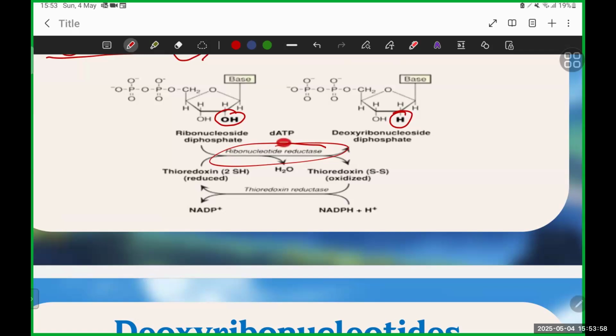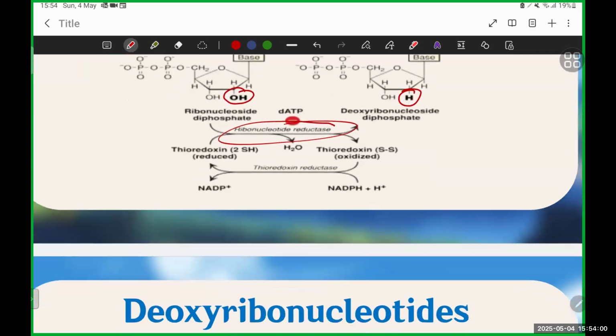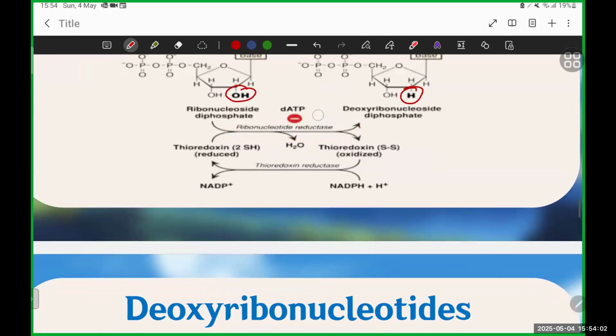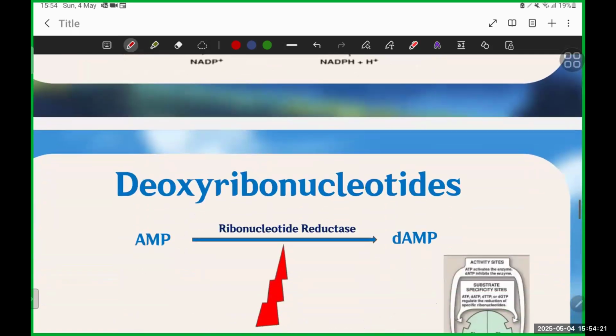So it's pretty obvious from the name itself. And here what inhibits it is dATP, because again, if you have more dATP, then you don't really need the process to keep going, right? Why do you need so much dATP? When you form the dATPs and there's enough dATPs, it's going to be like, all right, stop, we're enough. Okay, that's basically it.